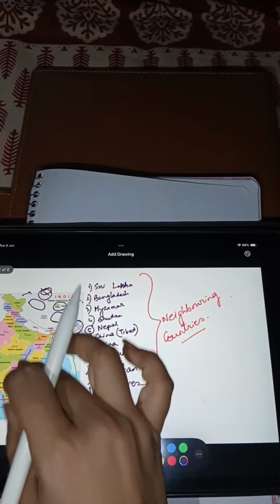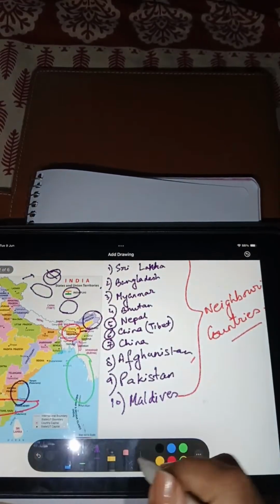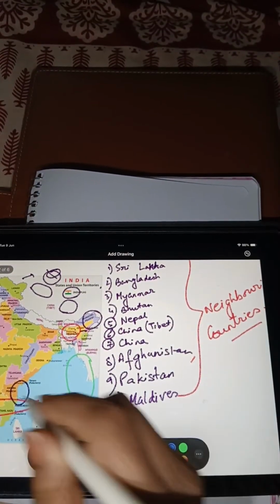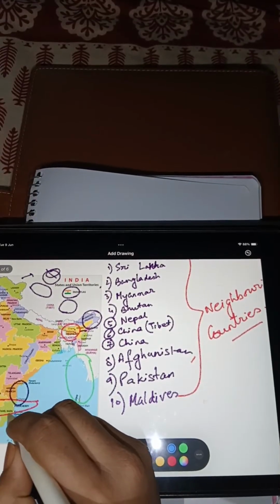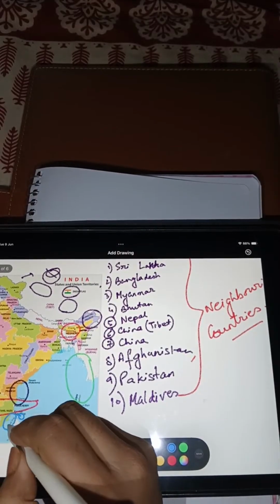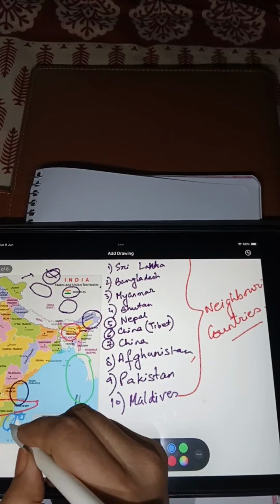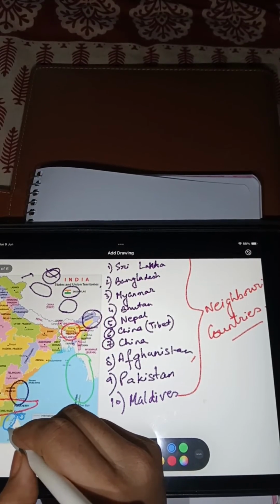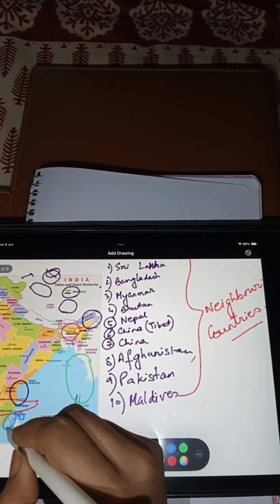Here you can also see there are two water bodies. One is Palk Strait, another is the Gulf of Mannar. So India is divided from Sri Lanka by these two water bodies, the Gulf of Mannar and the Palk Strait.